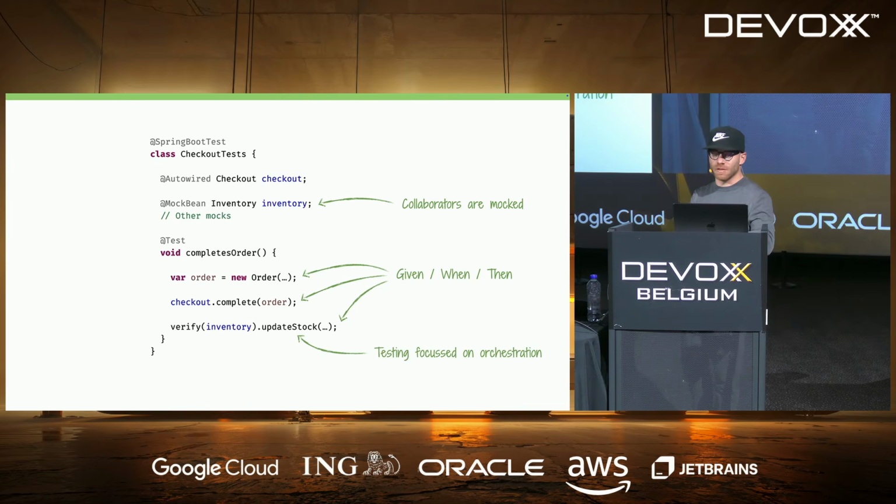And the testing is focused on the orchestration, which is fine, but you could also argue, this is kind of like a devil and angel thing. The devil could argue, why the bloody hell does the checkout team have to know about all the other things that need to happen when we're performing a checkout?